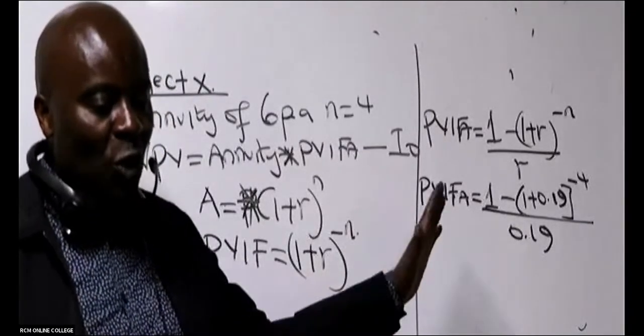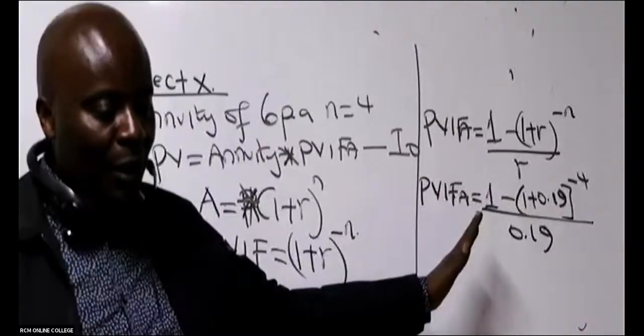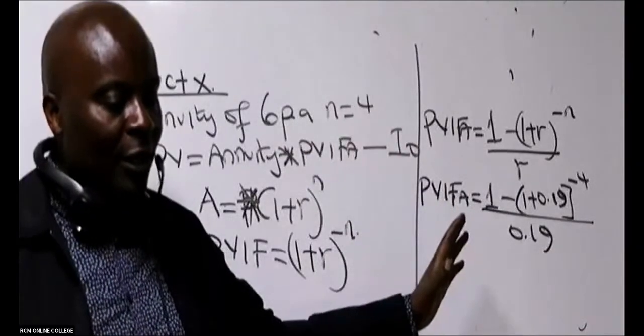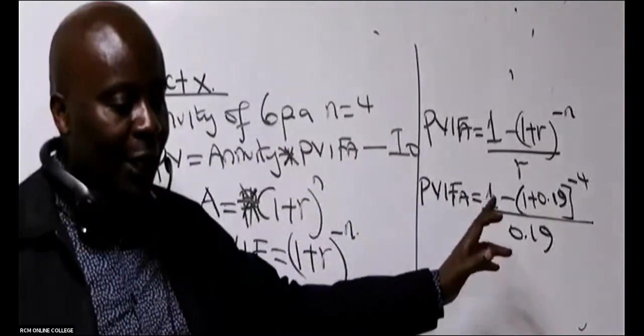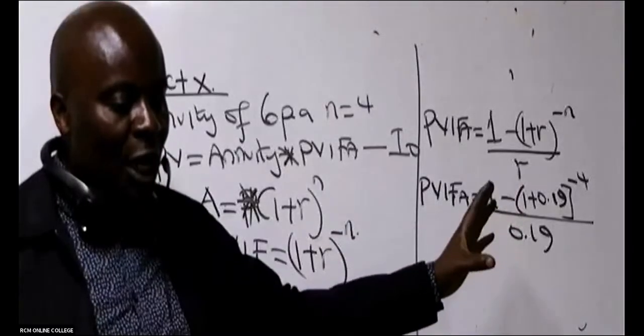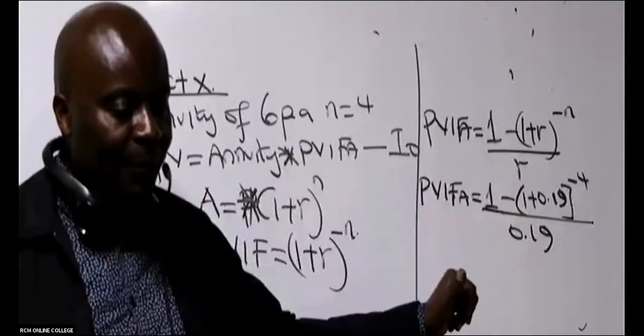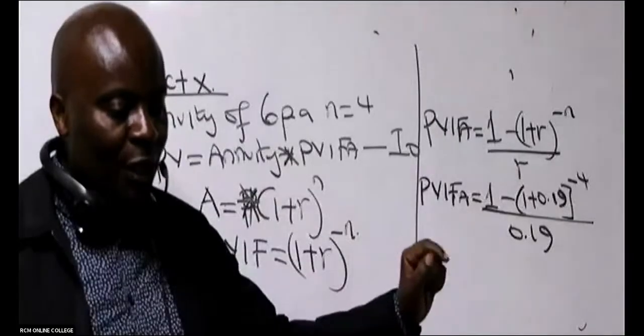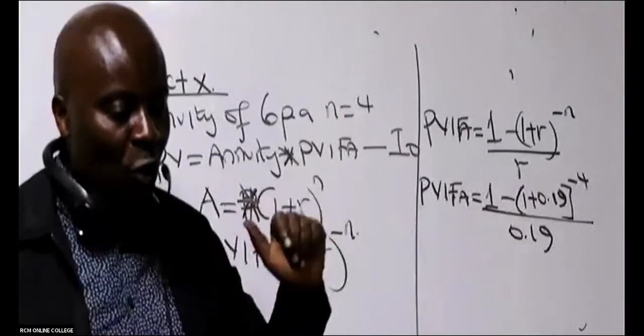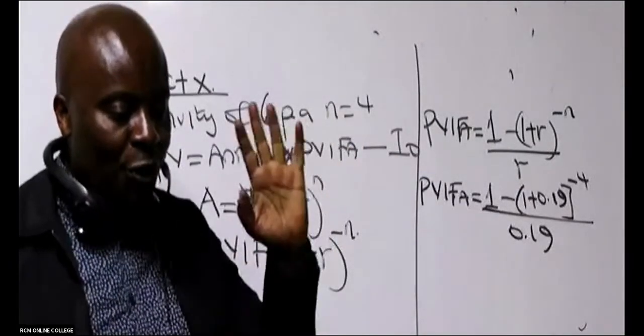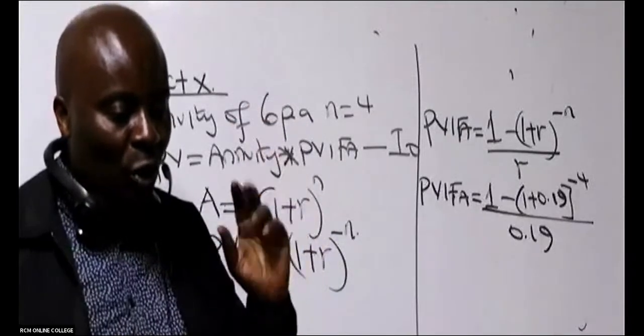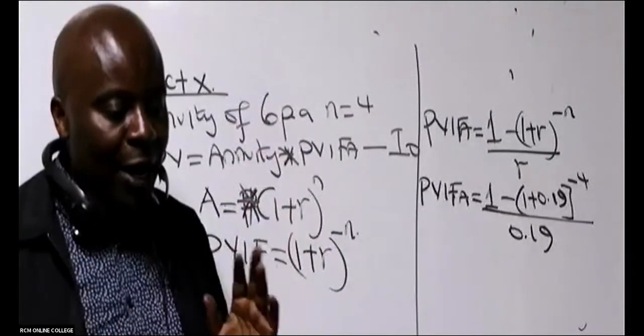So then can you kindly go ahead and give me this PVFA? So please say 1 minus, open brackets, 1 plus 0.19, you close. Then you say raised to negative 4, equals, whatever answer you get. You divide by 0.19.